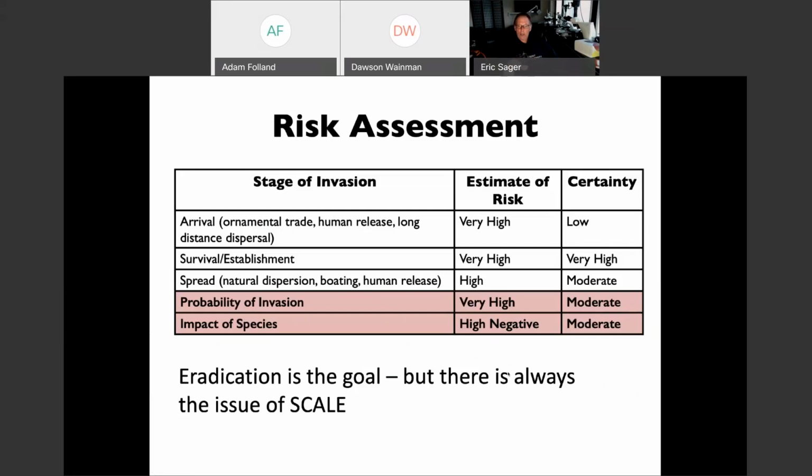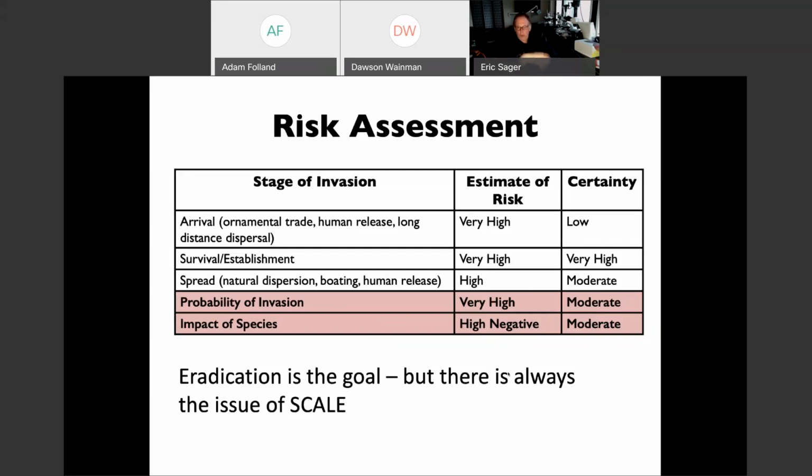And for water soldier, because the risk was so high, and because its only known infestation in North America was in this one spot of the Trent River, they immediately acted on establishing the goal of full eradication, which is very different from when we start thinking about some of the other species that we have that are also considered to be problematic.